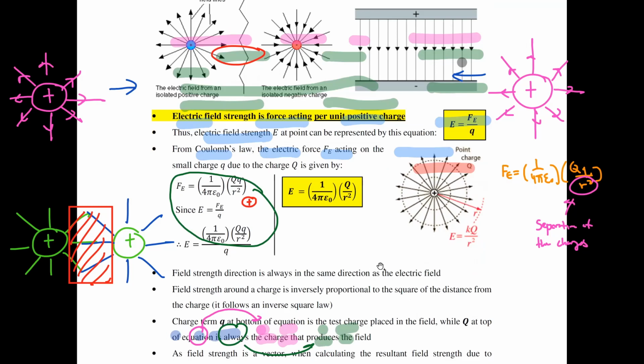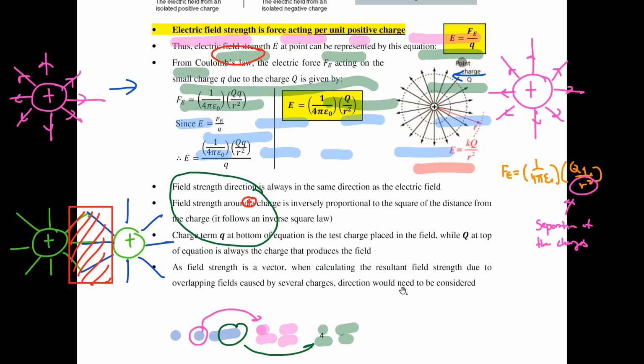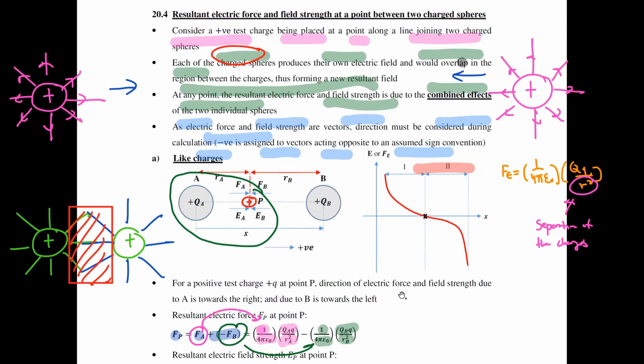Field strength direction is always in the same direction as the electric field. So if originally you already determine the direction of force on a positive test charge is acting towards the right, the direction of your electric field strength on a positive test charge would obviously be towards the right also. It will be in the same direction. Okay, so your EA here is towards the right.